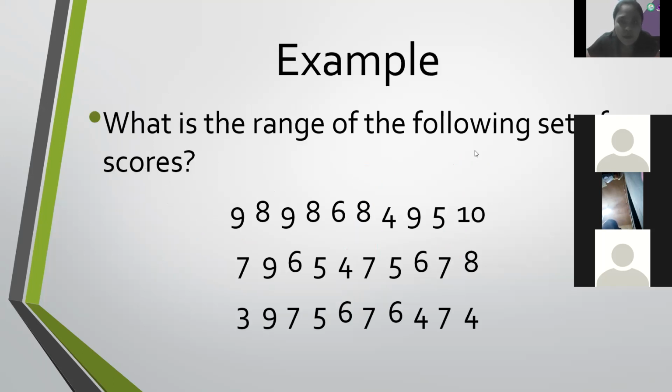So for example, the range of this set of scores, marami tayong scores here. Pila ni siya kabuok? 30. Now, since hindi ito group, automatic ito class, hindi naman siya naka-group. You just have to identify the highest score, that's 10. And what is the lowest score here? The 3. So this is the lowest score.